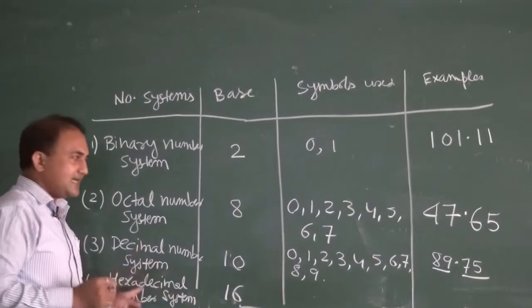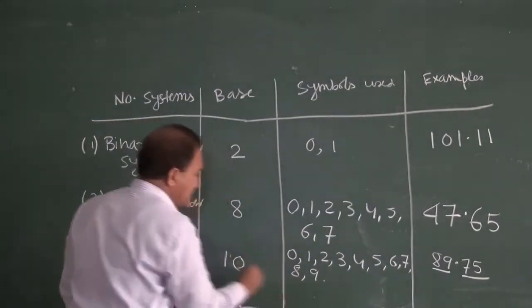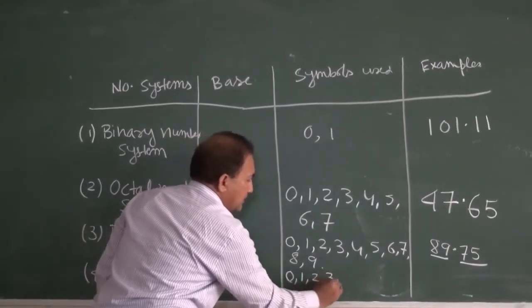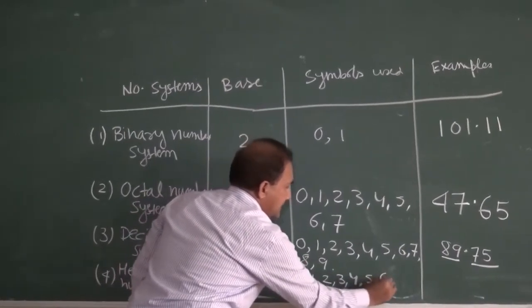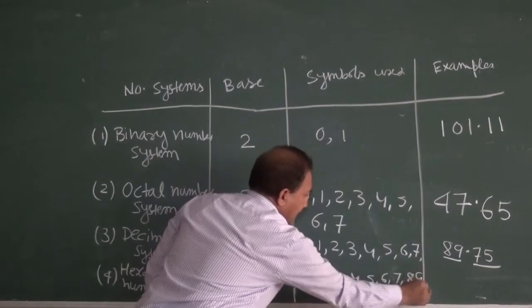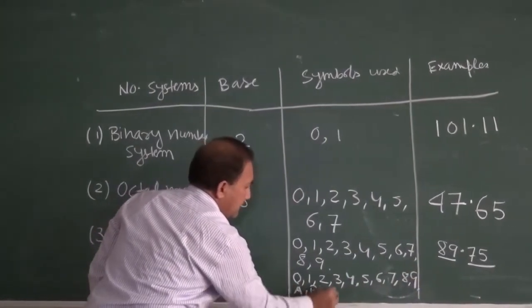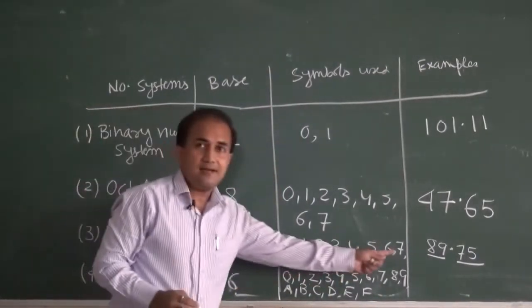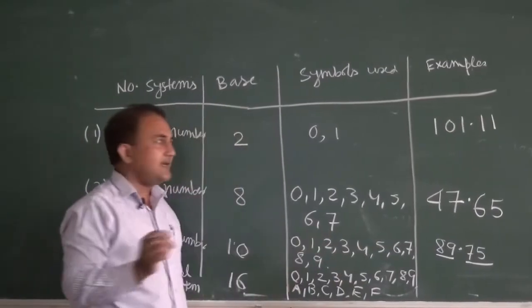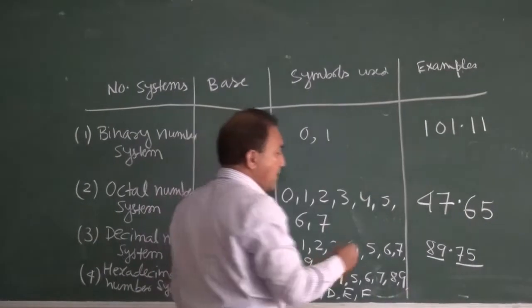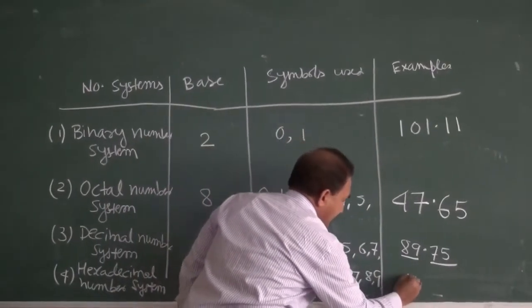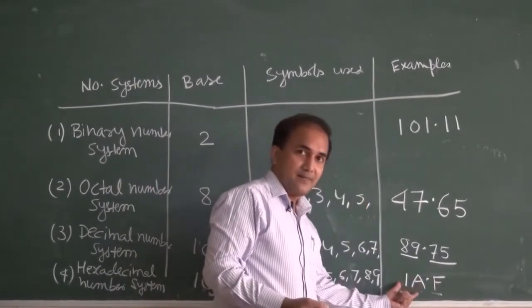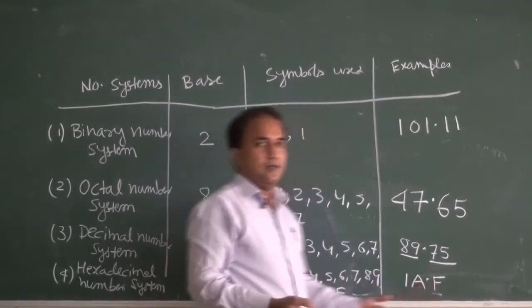The symbols that are used in hexadecimal number system are 0, 1, 2, 3, 4, 5, 6, 7, 8, 9, then A, B, C, D, E and F. From 0 to 9 and A to F. For example, you can write like this: 1A dot F. This is integral part and this is fractional part. Is it clear to all of you?